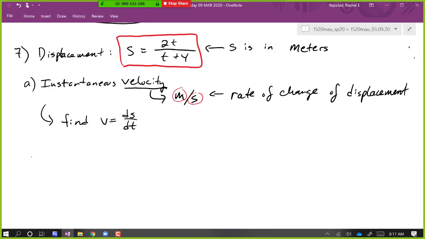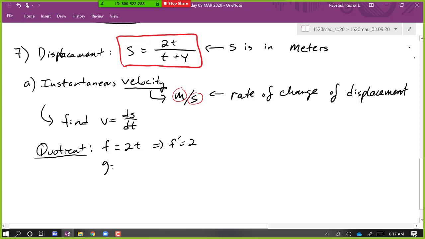Quotient rule. Yeah. So we'll set up our quotient rule. Our f is on top. That's 2t, which means f prime is 2. Our g is on the bottom, t plus 4, which means g prime is 1. This quotient rule will be definitely less labor intensive than the last one we just finished.